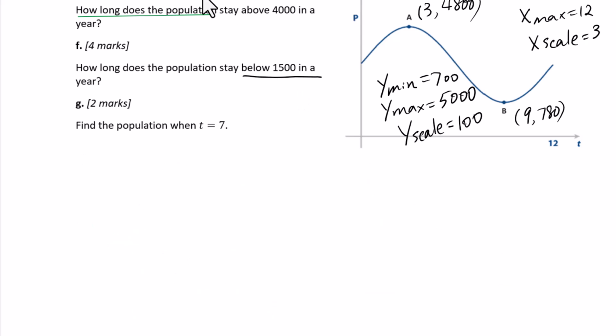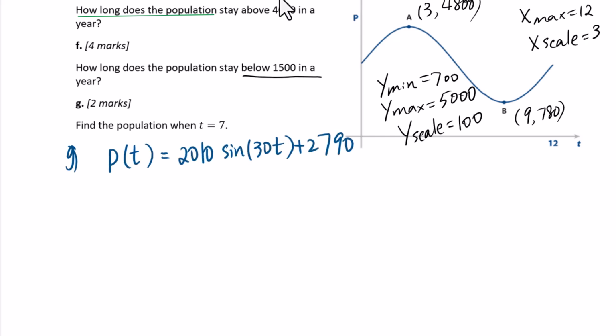Let's go to J. Find the population when T equals 7. We know P of T equals 2010 sine 30T plus 2790. We are looking for P of 7.